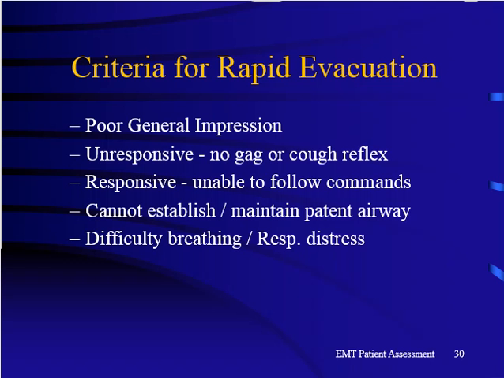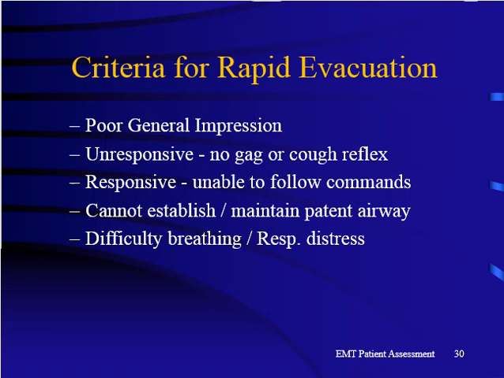And if they can't establish or maintain an airway, that's going to be another big thing you need to really look at in the criteria for a rapid evacuation. We need to say, hey, something's going on with this, so we need to take care of this patient.